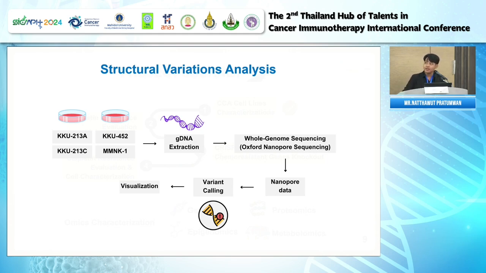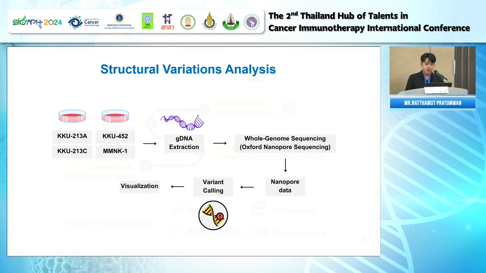For this study, I used 4 cell line models, including 3 CCA cell lines, KKU213A, KKU220C, KKU452, compared to the human cholangiocyte cell line MMNK1.